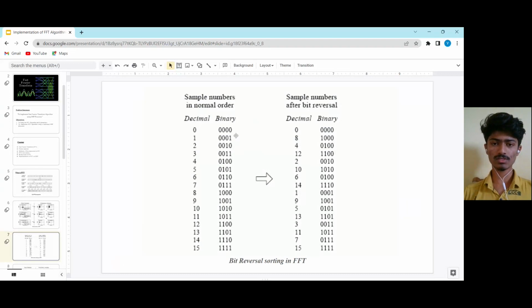In the first line you can see that 0 0 0 stays the same, and for decimal one the binary is 0 0 1, and after mirroring, or the bit reversal transformation, you can see that the one moves into the most significant bit, that is 1 0 0, which is 4. So in this way all the decimal numbers are bit reversed, and the same for the binaries.